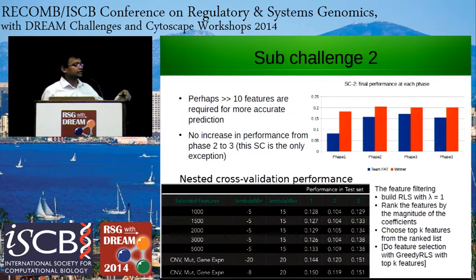And once we get the ranking of the features based on the coefficient, we use the top K features, where here I have 1,000 features, 1,500 features, and 2,000 features, and so on. In each of these cases, we see that the performance that we get is slightly lower than allowing the greedy RLS to choose the best features.